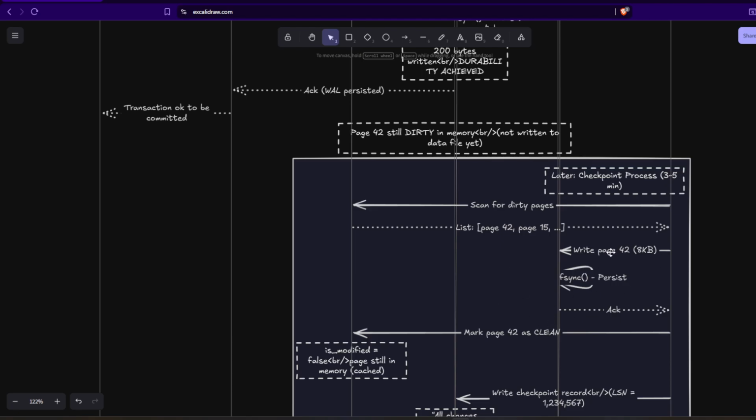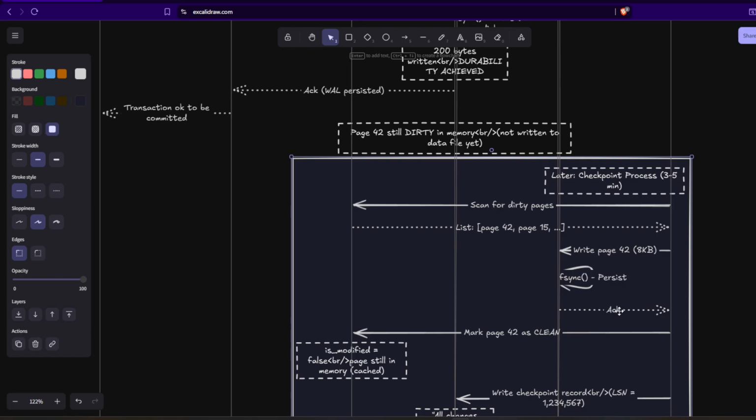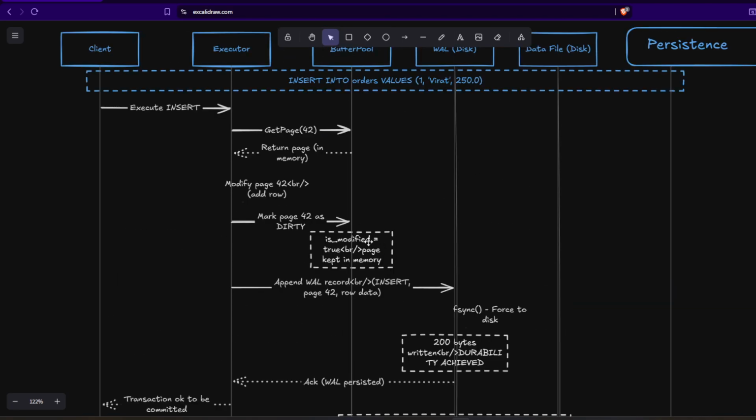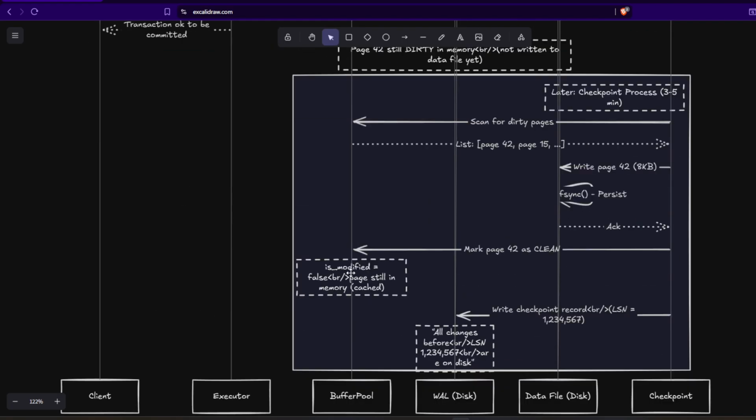After the data is written and we get this acknowledgement that you are seeing over here, the is modified flag that we have set up, which had marked that this particular page is dirty, is marked as false again.